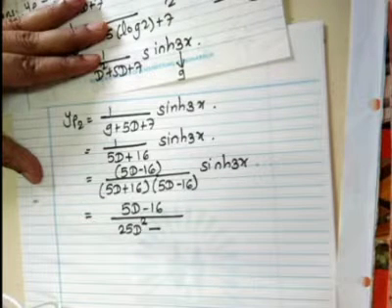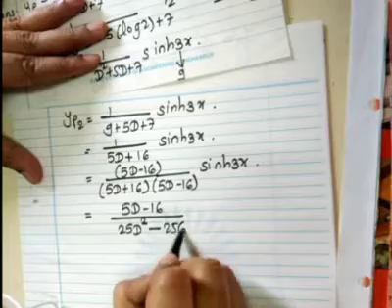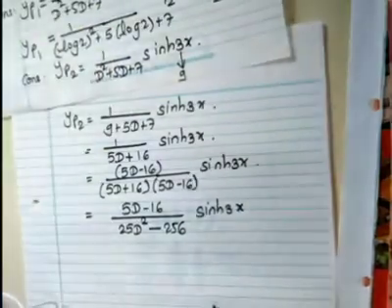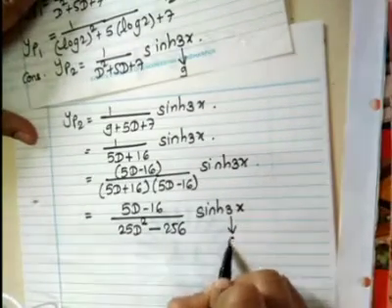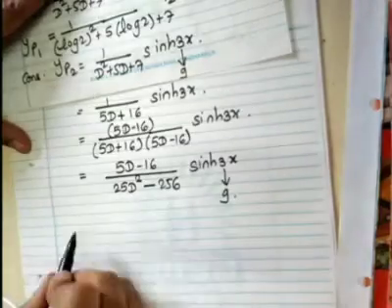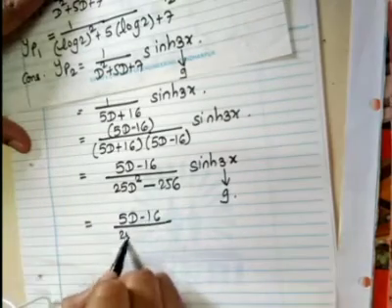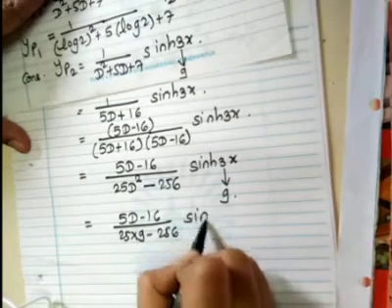What is 16 square? Yes, it is 256, into sine hyperbolic 3x. Now again there is D square, and we will square it, no negative sign, substitute here. So we get 5D minus 16 upon 25 into 9 minus 256 into sine hyperbolic 3x.